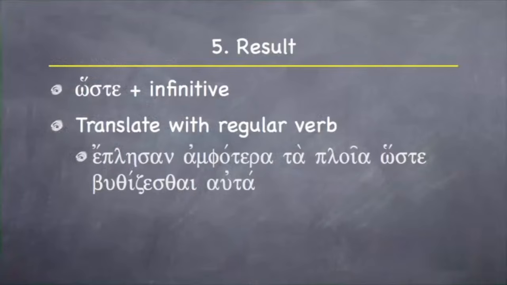And so you have, for example, the verse that said both the boats were filled up, and then you have hoste, and then you have the infinitive buthizesthai, and auta. Okay, now auta is in the accusative, and that's referring back to the ploia, back to the boats, with the result that they began to sink.